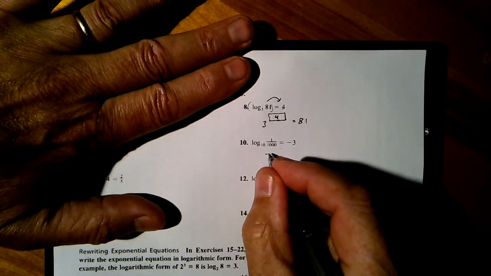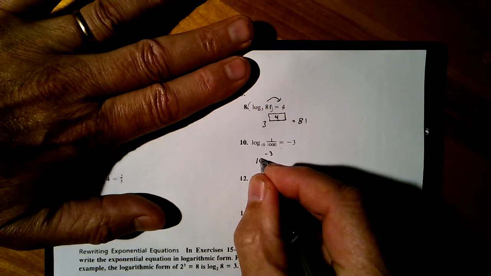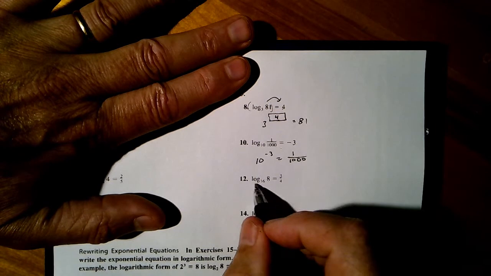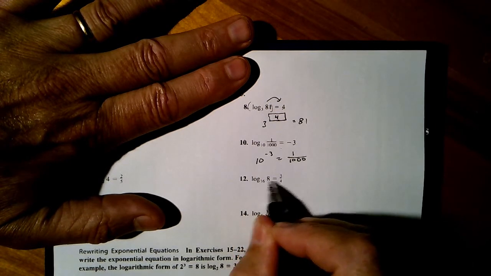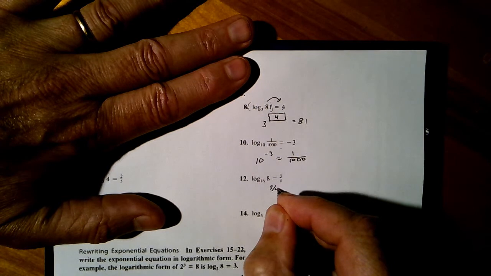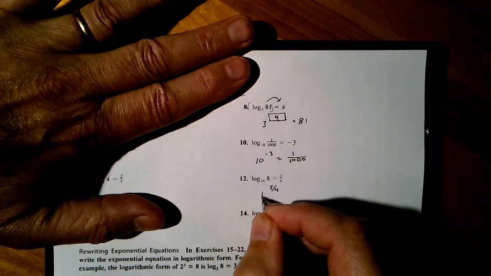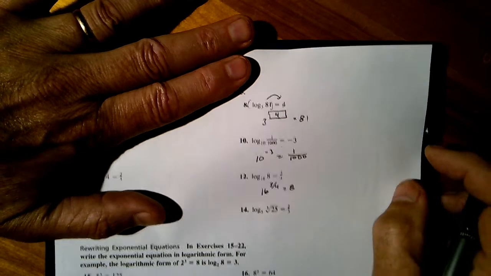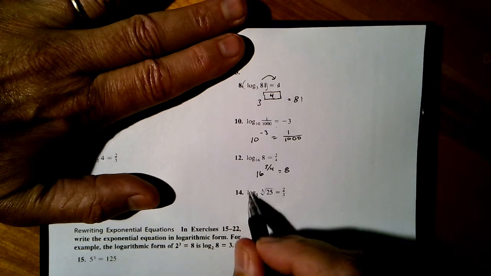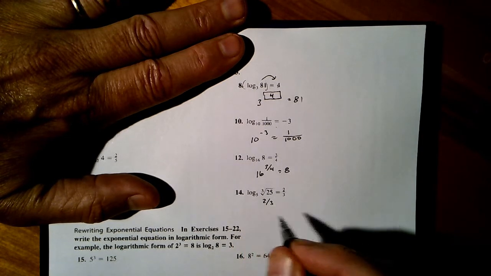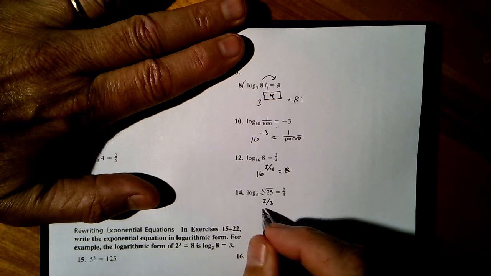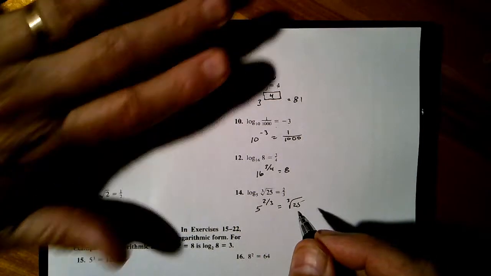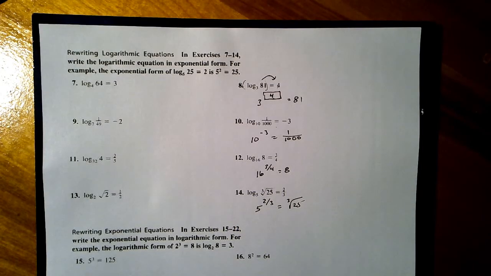This, which is negative 3, is the exponent that turns 10 into 1 over 1,000. This, which is equal to 3/4, so 3/4 is the exponent that turns the base 16 into the argument 8. And this, which is 2/3, is the exponent that turns 5 into the third root of 25. And that's it. Can that possibly be the case?